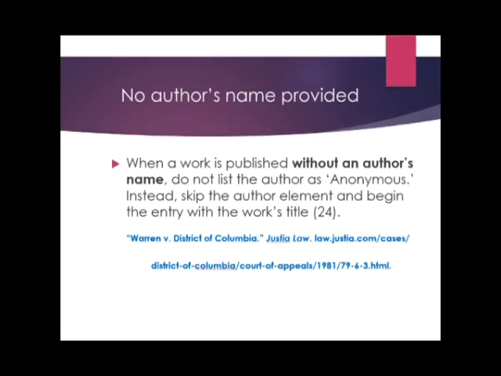In the absence of an author's name, begin your documentation with the second core element, the title. For alphabetizing your list, list by the first important word of the title.